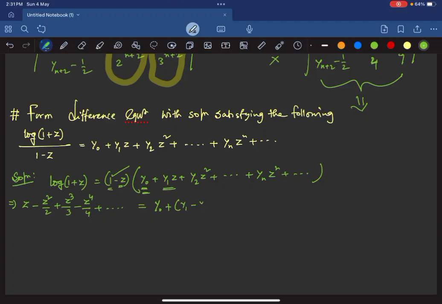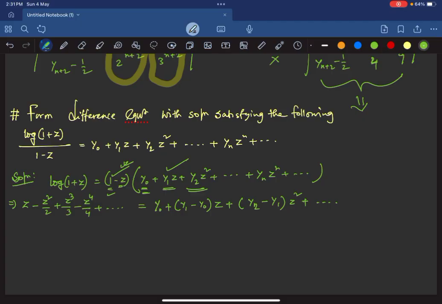So we can write y1 minus y0 times z. Similarly y2 minus y1 times z square: this one multiplied with the first term gives y2 z square, and this one multiplied with the second term gives another z square. So we have it like this, and similarly if you proceed further, ultimately we can compare the coefficients from both sides.